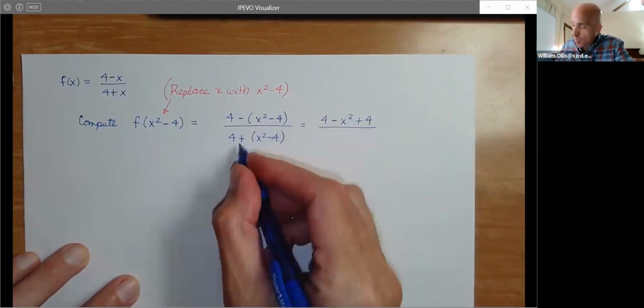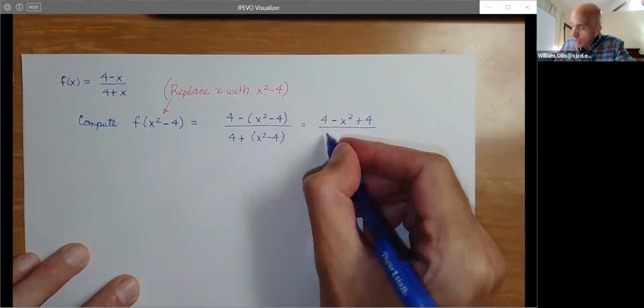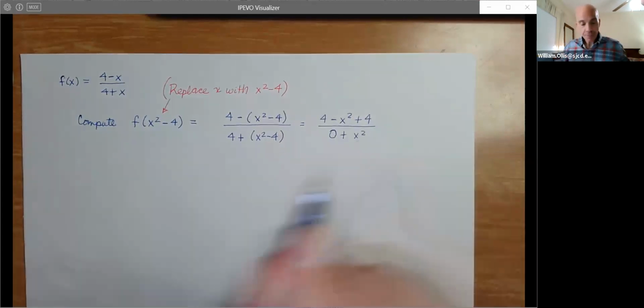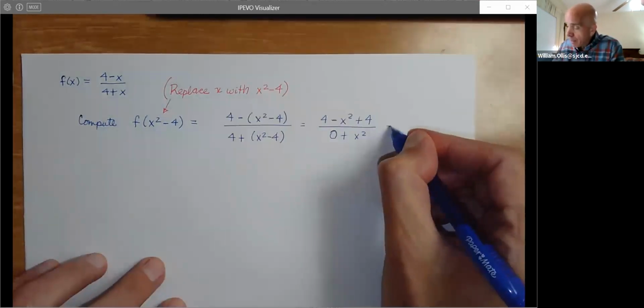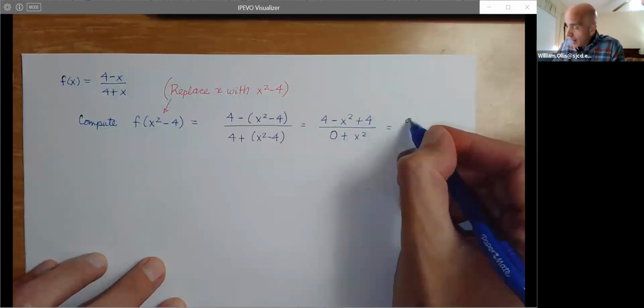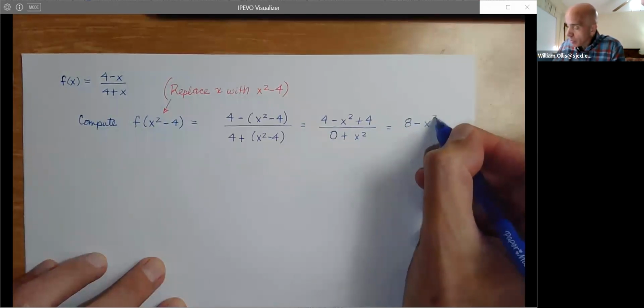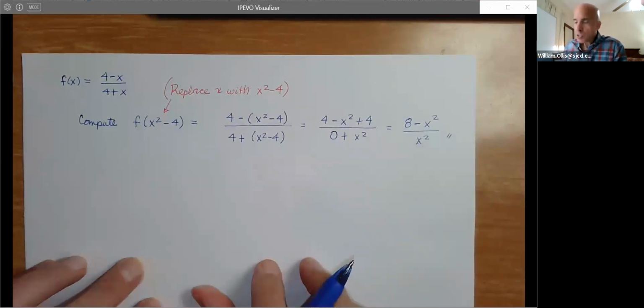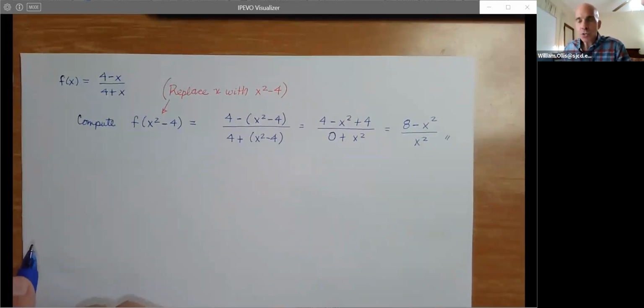That's easy. So I have what? 4 plus the negative 4, I'll just write 0 plus x squared. And so now, 4 plus 4, I get 8 minus x squared divided by x squared. So that's just a little algebraic computation.